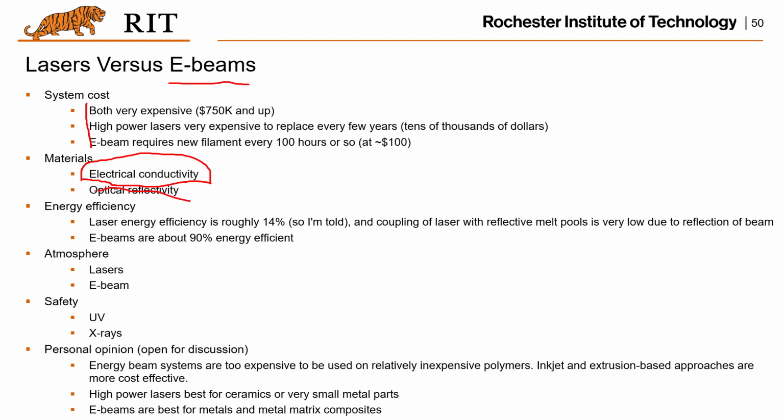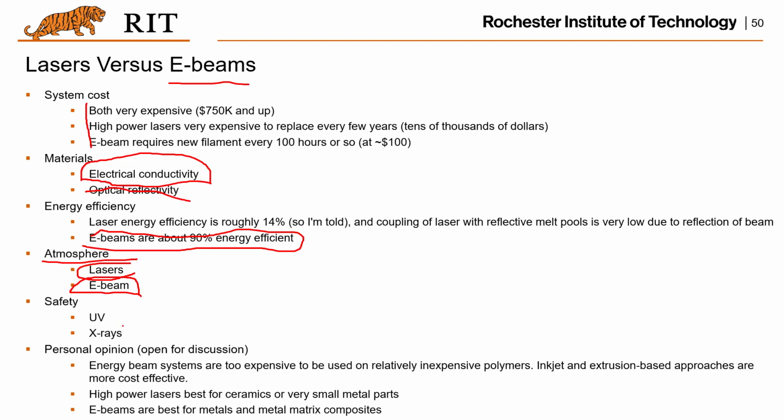But for the laser one, you need to think about the optical reflectivity, because it's an optical based process. For energy efficiency, the E-beam has much higher efficiency. For the atmosphere, lasers usually need argon or helium gases, but E-beam is pretty much in vacuum.